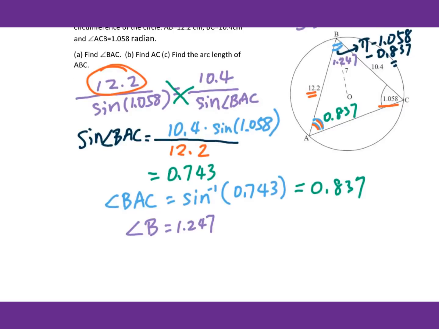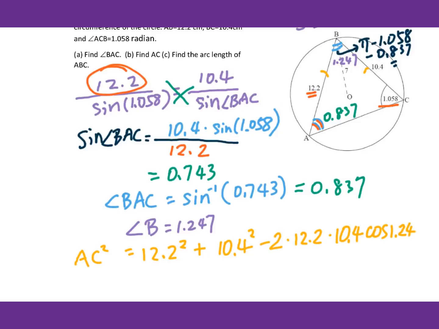Therefore, if we want to look for AC, we have an SAS pattern. We can use the cosine law this time. We got AC squared equals 12.2 squared plus 10.4 squared minus 2 times 12.2 times 10.4 times cosine 1.247.